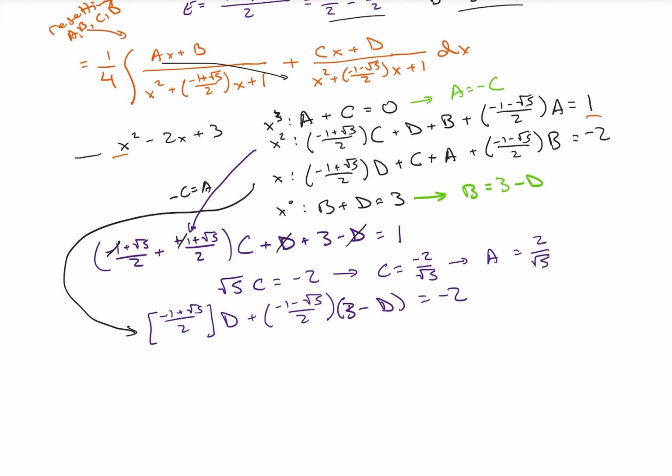So once again, I'm going to have negative 1 over 2 plus root 5 over 2 plus 1/2 plus root 5 over 2 times d, which is just going to give me root 5 d. And that is going to be equal to negative 2 plus 3 over 2 plus root 5 plus 3 root 5 over 2.